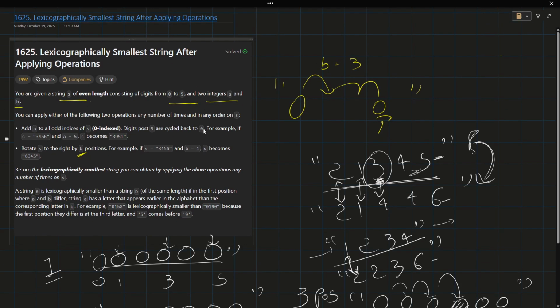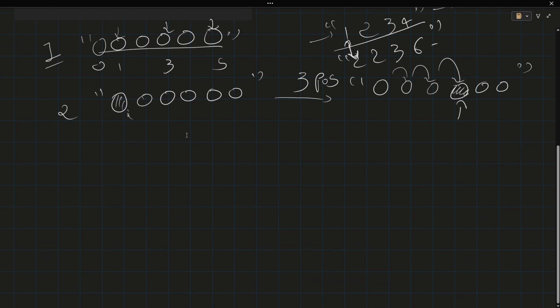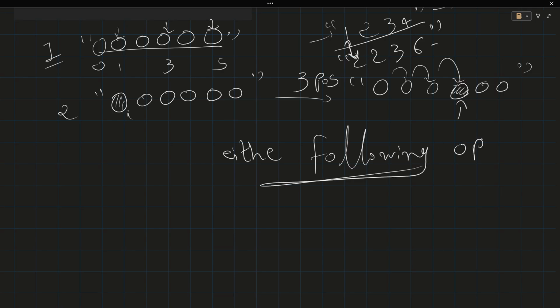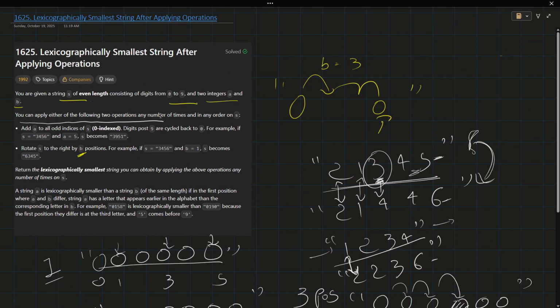So see, the most natural intuition with this question is that we just have to focus on one natural thing. We are told that we can apply either of the following two operations any number of times in any order. Okay, so whenever we are given something like this, that we can apply either of the following operations, and what is asked in the question is that we have to return the lexicographically smallest string we can obtain.